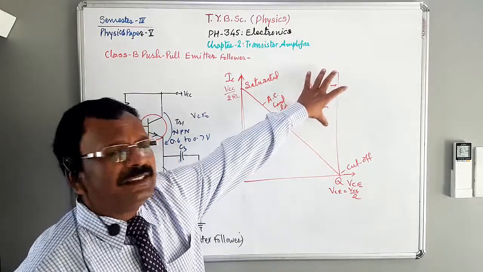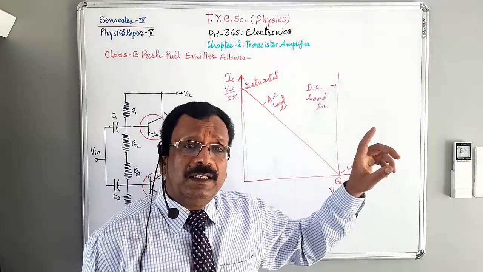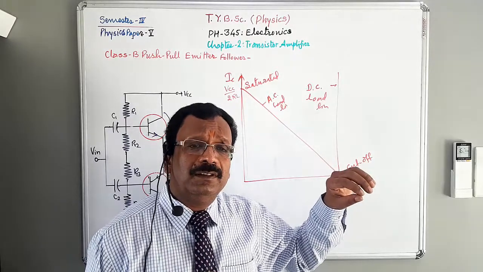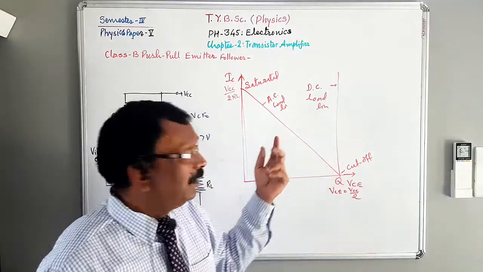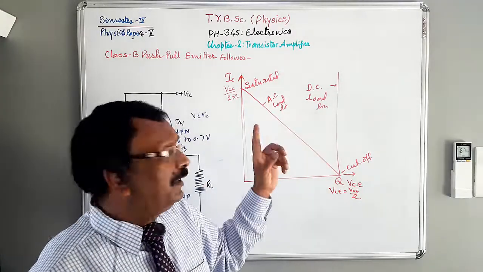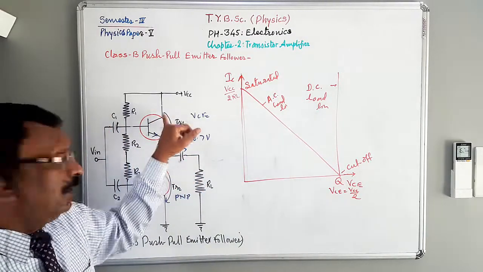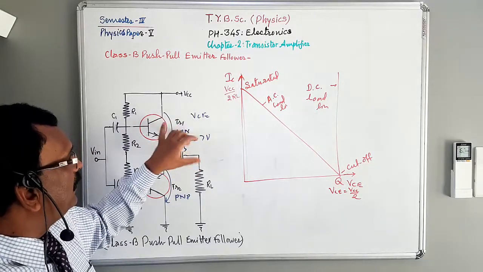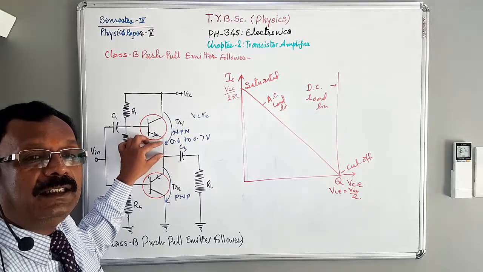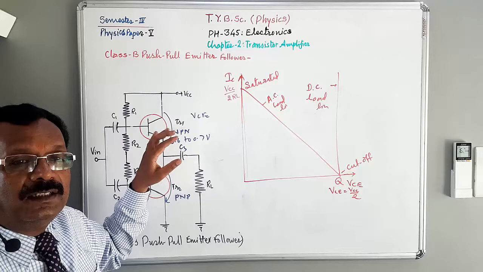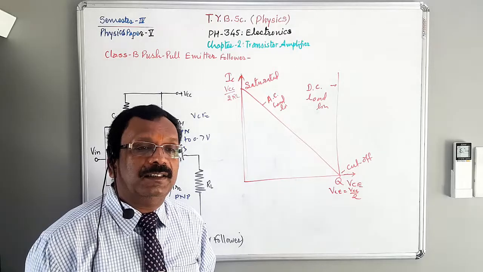Remember that the DC load line is not important, but it tells about how heat is generated. There is no DC resistance in the collector or emitter circuit, since no resistor is connected there. Therefore the DC saturation current is infinite.